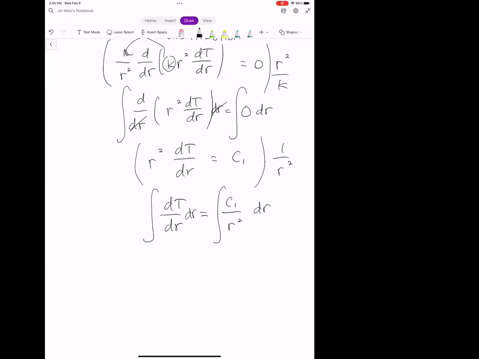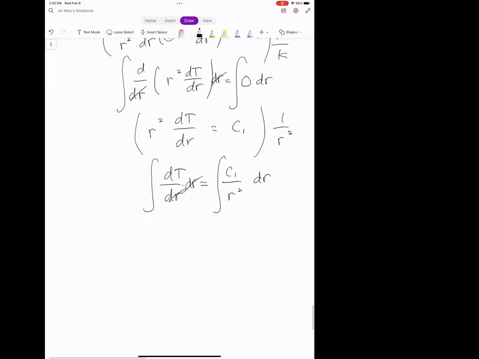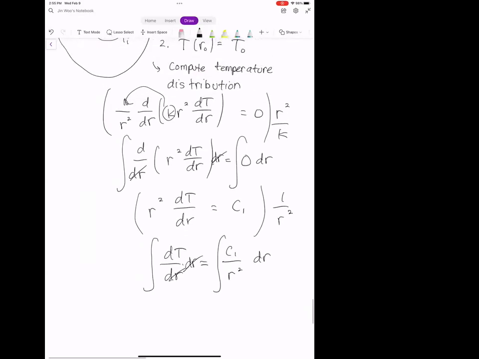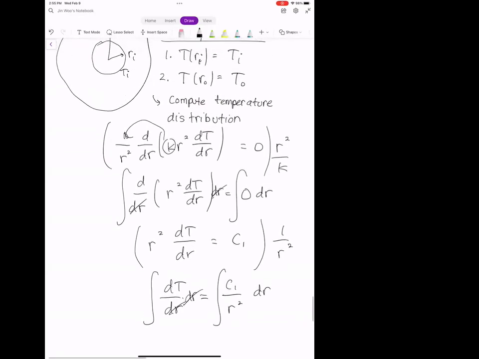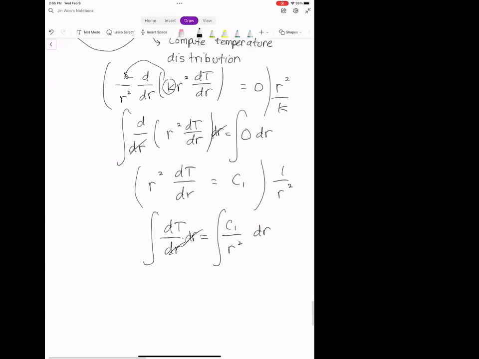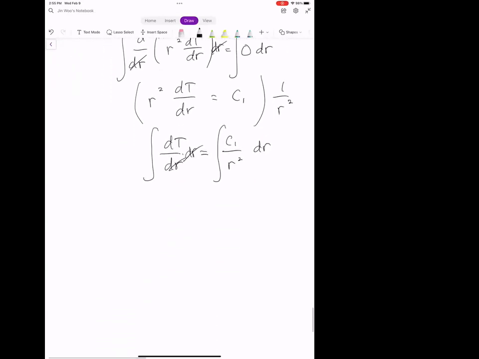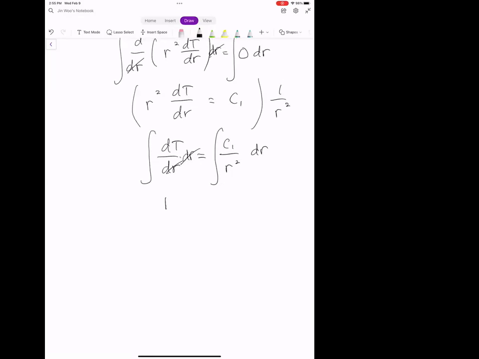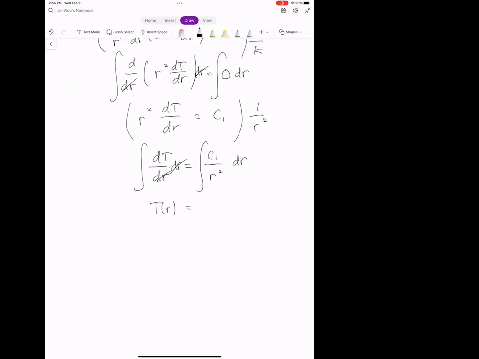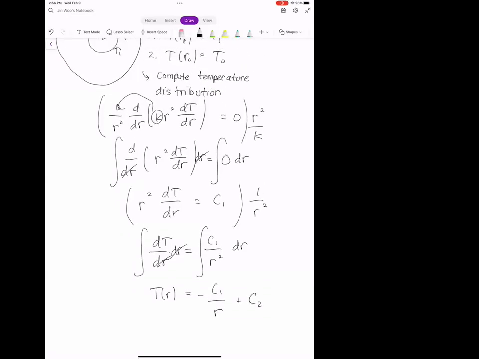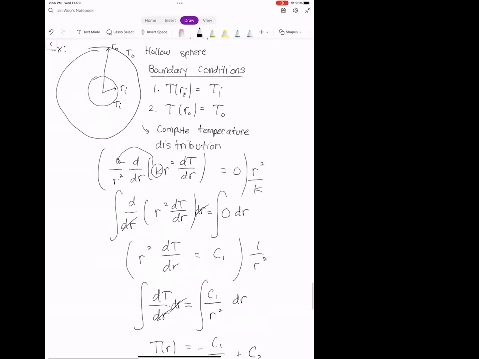I'm going to integrate both sides of this equation with respect to R again. So that's going to get rid of the derivative. On the left-hand side, we're left with just T of R. And on the right-hand side, what we're left with is the integral of C1 over R squared. And so that's going to be negative C1 over R plus C2.